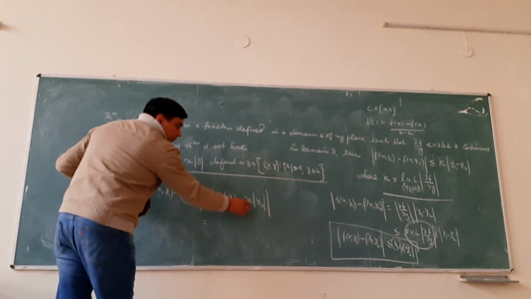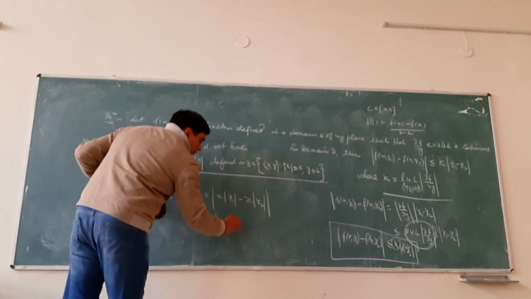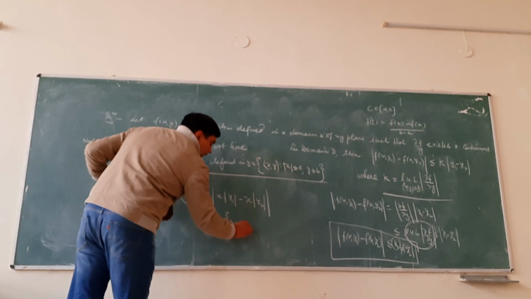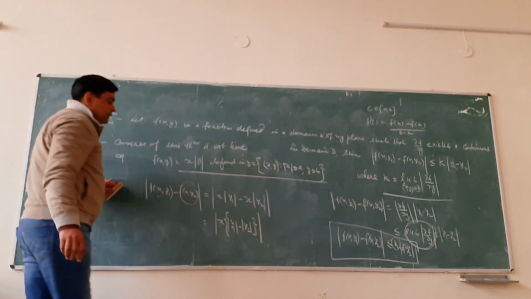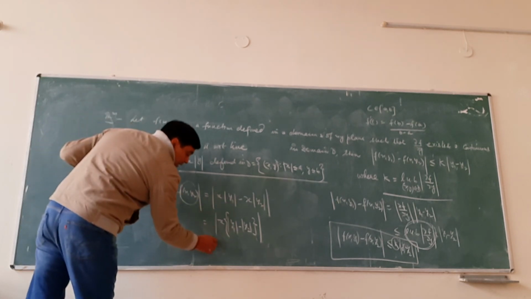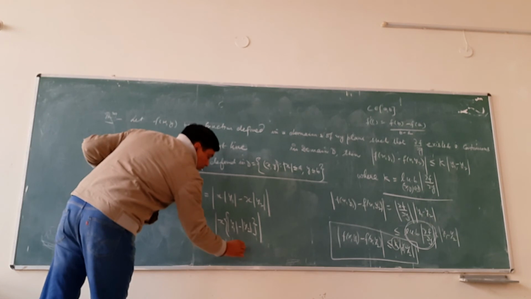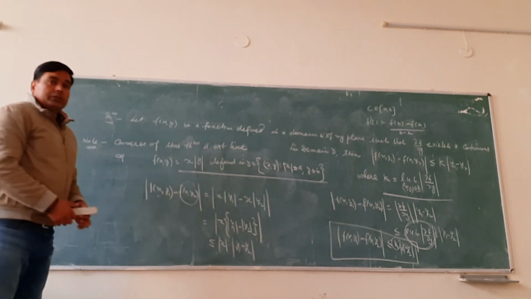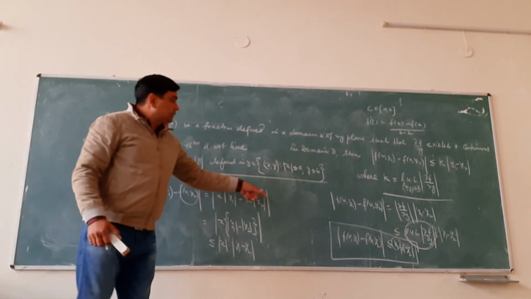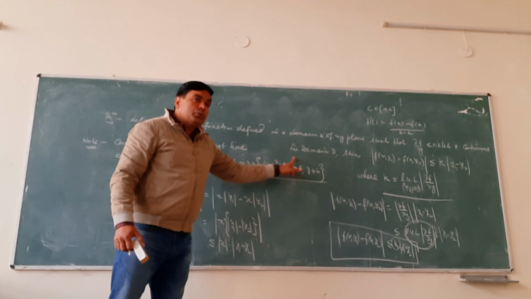Taking x common from both the terms, we have x times (mod y1 minus mod y2), which may be written as less than or equal to mod x multiplied by mod of y1 minus y2. And because we are given the domain, mod x is less than or equal to a.